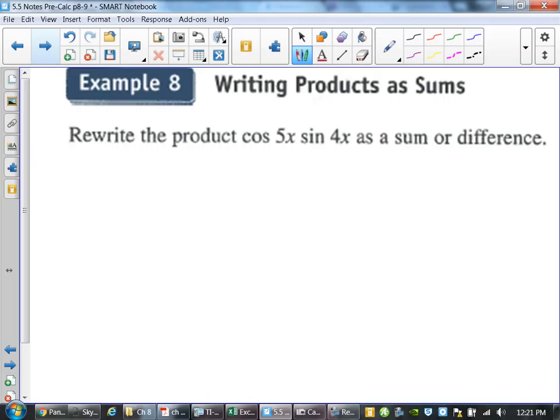So we have, this is the same as writing it out as sine 4x, cosine 5x, just so you remember you can go back and forth. Because I think the laminate sheet here uses the sine ones first.